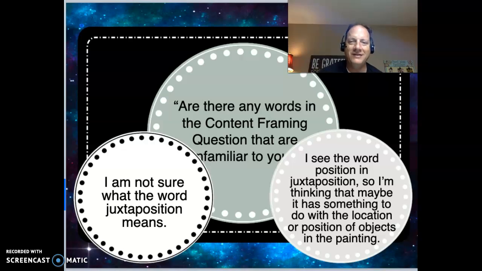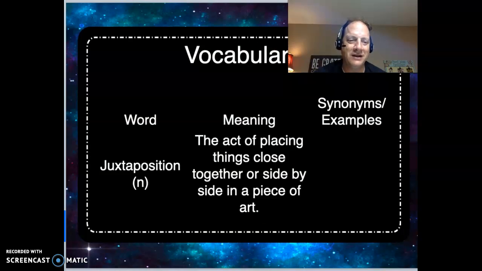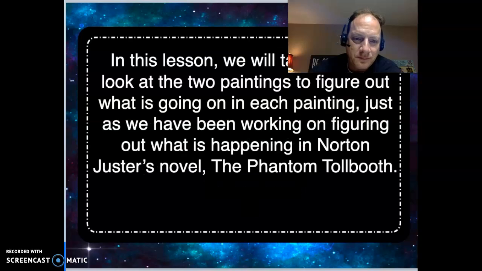And I kind of gave that away to you there a second ago, but it means to place things together or side by side in a piece of art. Okay, so you can impress your friends and your family and use the word juxtaposition in a sentence today. See what they do with that.